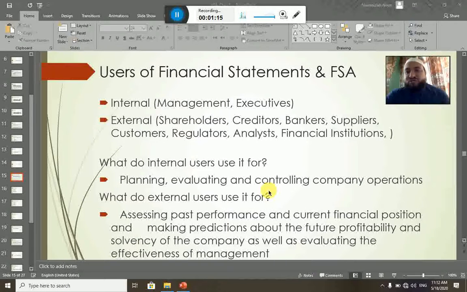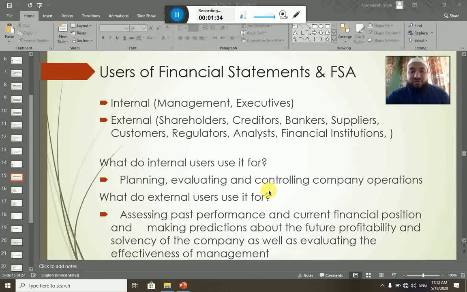And the external users are external stakeholders, and they could be shareholders, creditors, bankers, suppliers, customers, regulators, analysts, and financial institutions, right?